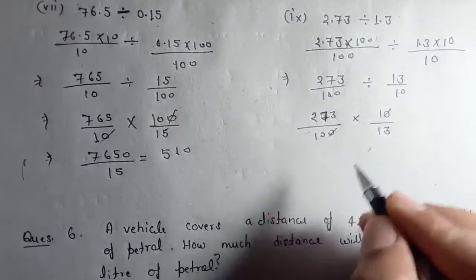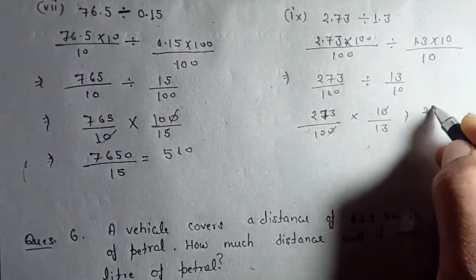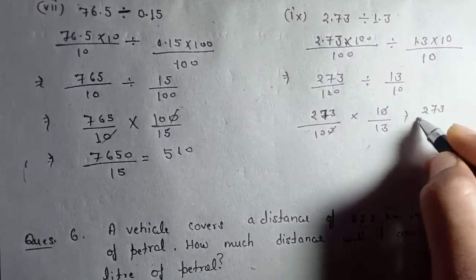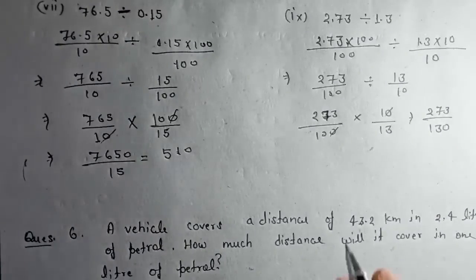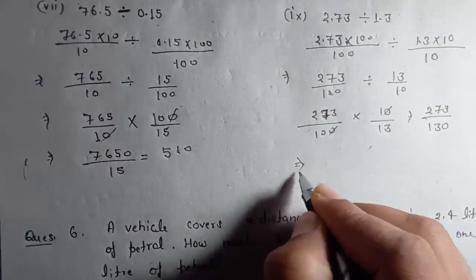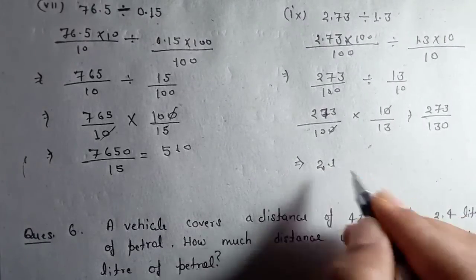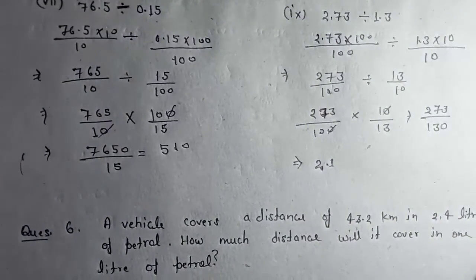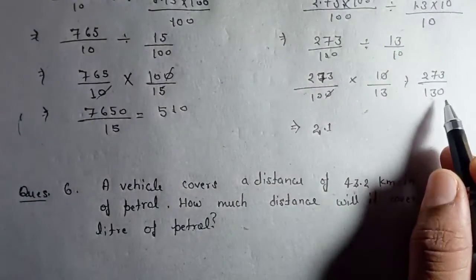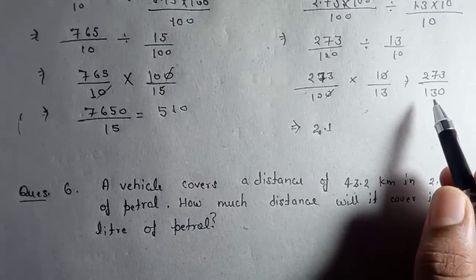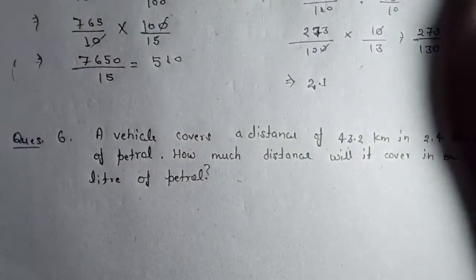Now it becomes 273 upon 130, and this gives you the result 2.1. Now we have our question number 6. Try to solve this thing in your rough copy. Divide this 273 by 130, you will get 2.1.